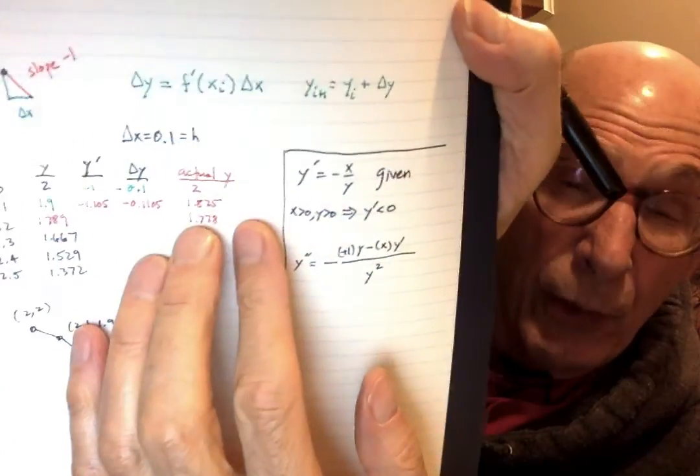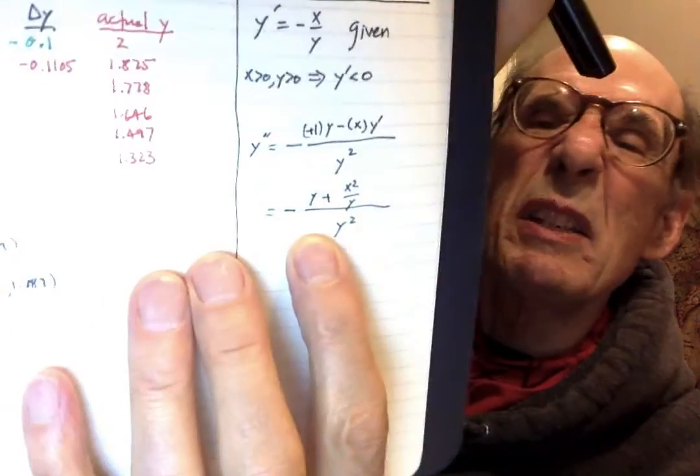In ordinary circumstances, you'd be stuck here, but in fact, we have a formula for y prime, so we're going to throw that formula in and say that this is equal to the negative of, well, we have y squared on the bottom, and on top we have y minus, and then we've got x times y prime, so that becomes plus x squared over y. Why is that? x times x over y is x squared over y. So x times y prime is x times the negative of x over y, so it's the negative x squared over y. So those come out to be like this.